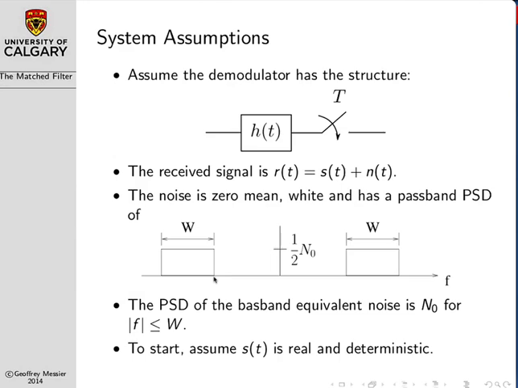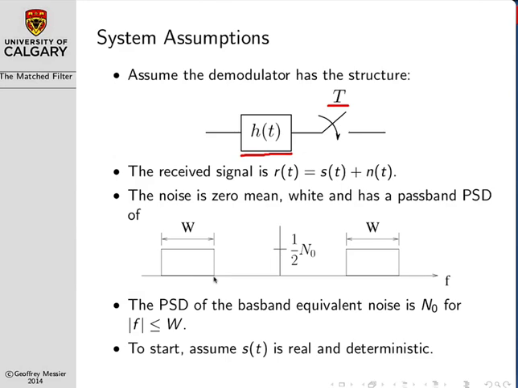We're going to start our discussion with this basic high-level block diagram of the demodulator. We're going to assume for starters that the demodulator consists of a filter with some continuous time response h, and then a sampler that samples once every symbol interval.